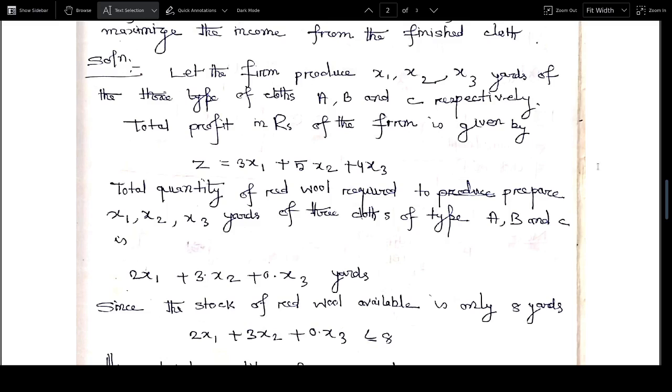The stock of red wool available is only 8 yards. So this is 2x1 plus 3x2 less than or equal to 8. You can write 0 into x3, no problem.